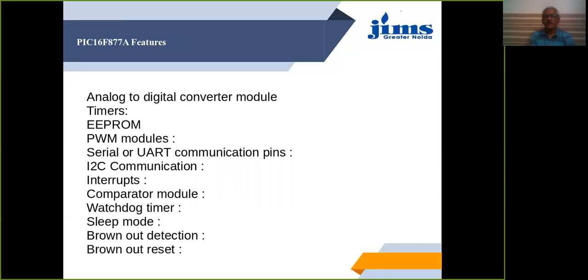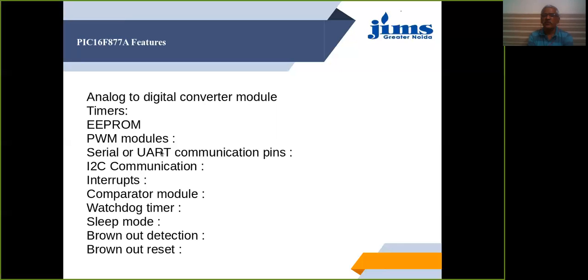It has a data EEPROM and a flash memory for storing the program. There is a PWM module, and basically there is a CCP module. The CCP module is capture, compare, and PWM. So these are the three functions: capture, compare, and PWM. This is performed in the CCP module.